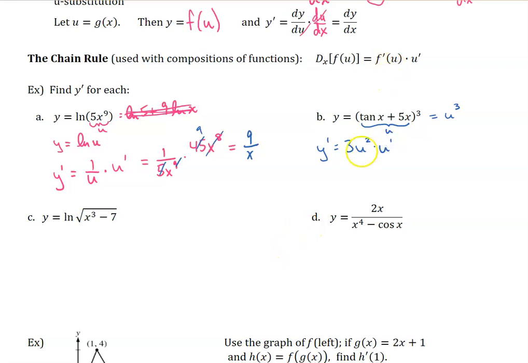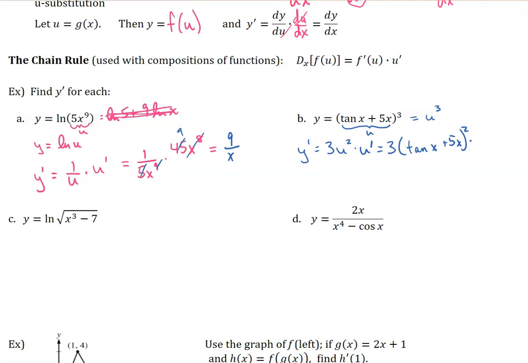Okay, so f prime of u is 3u squared and then times u prime. Now we put things back in terms of x, so we have 3 times this quantity, which is u, so 3 times tangent x plus 5x squared, and then times, now we need to multiply by u prime, which is the derivative of the inside. So that's going to be secant squared x plus 5.